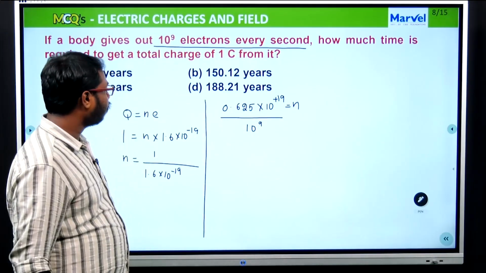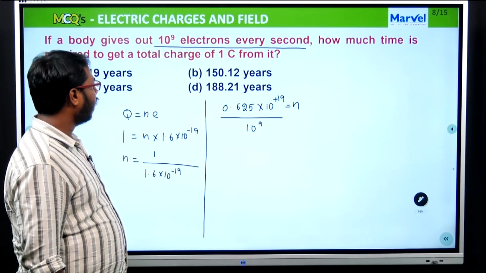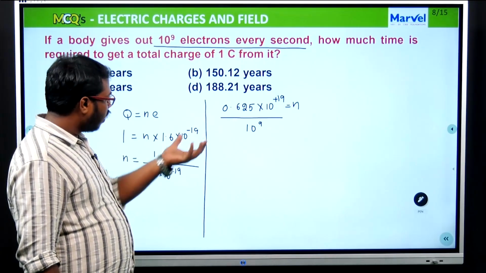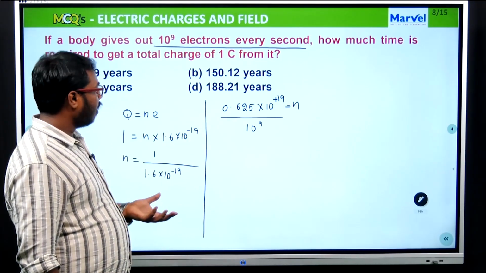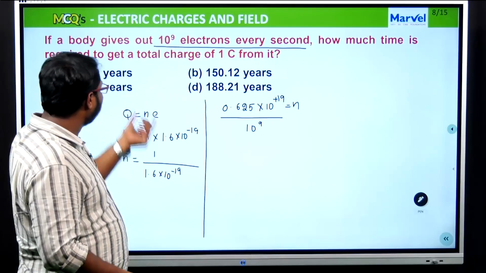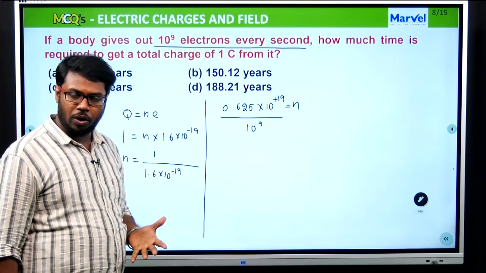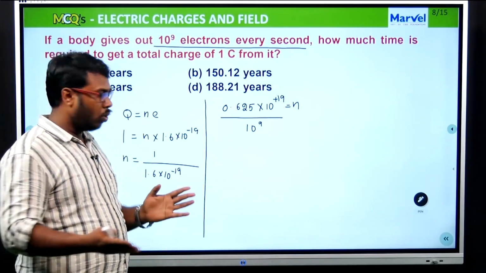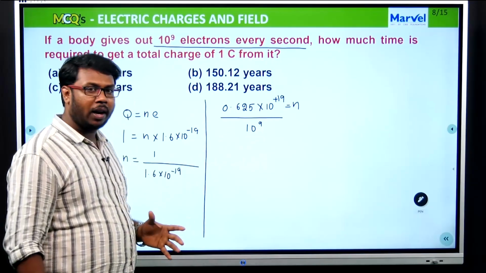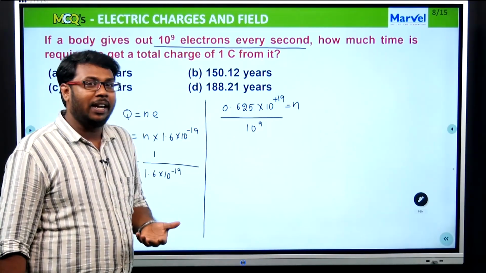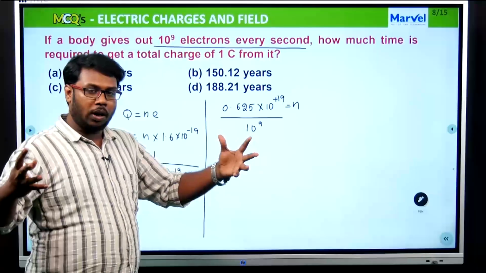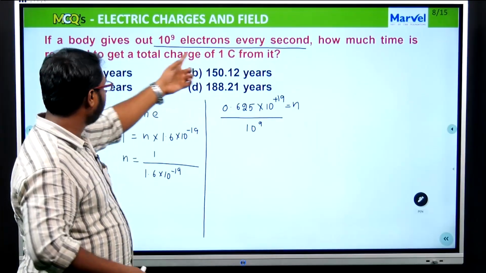So what do I get is the total time it is going to take. You see, per second 10 power 9 electrons are going to come out. So I am going to divide by 10 power 9 to see how many seconds it takes for the total number of electrons to come out to make such a charge.